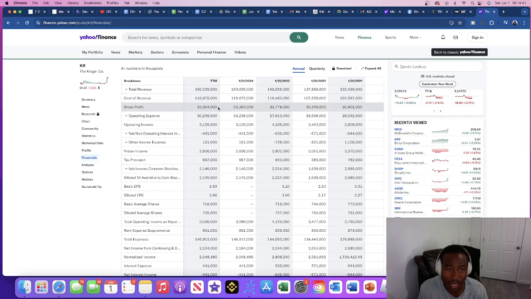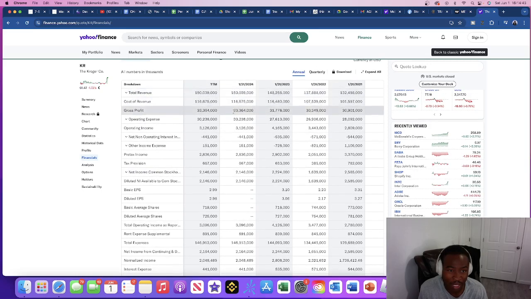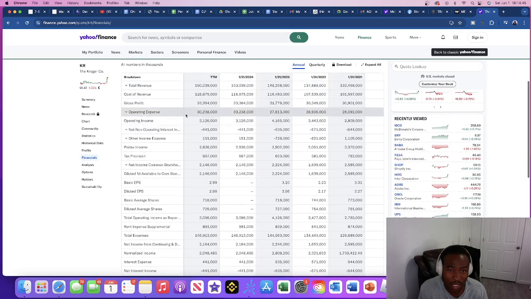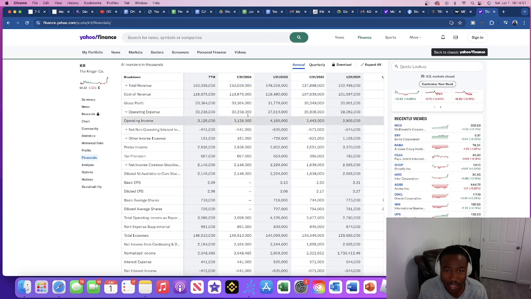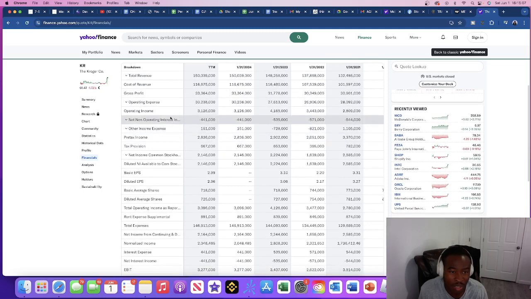This is how much they brought in. This is their operating expenses, how much they spent to bring this amount in, right? If that makes sense. They spent 30,000 on operating expense to bring in this number, and this number is their gross, which is income minus expenses.